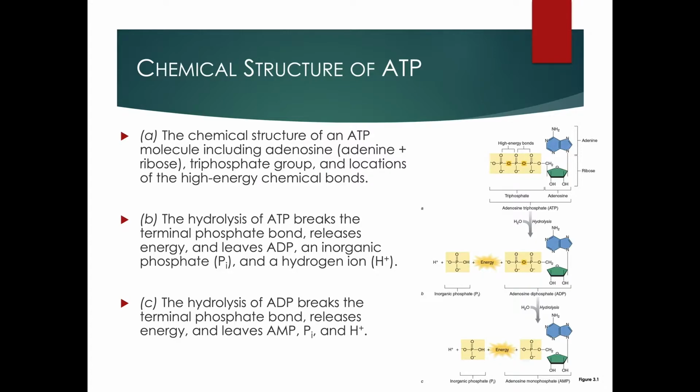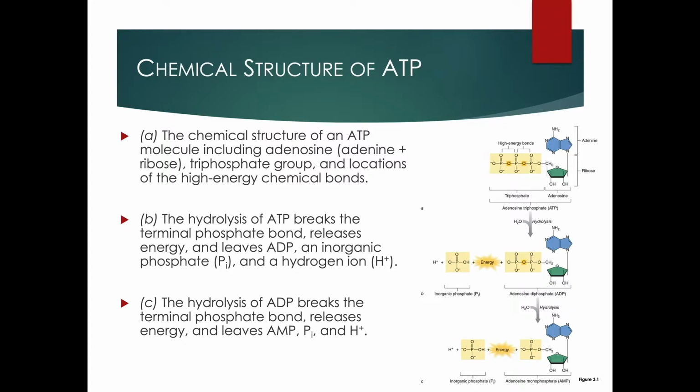The hydrolysis of ATP breaks the terminal phosphate bond. That releases energy and leaves ADP, an inorganic phosphate, and a hydrogen ion. A lot of times when we're talking about ATP breaking, we usually say ATP hydrolysis. We use that term because you can see on there that H2O, that water, is a part of the reaction. When it breaks apart, you're left with an ADP and then the phosphate.